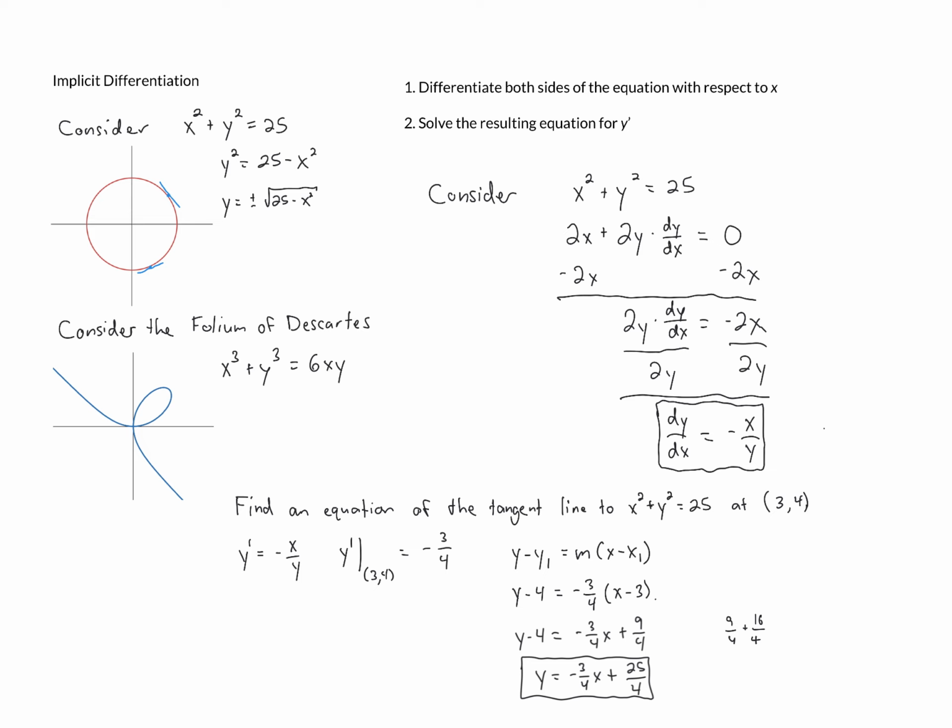Right? There's a lot of shapes that we might deal with that can't easily be expressed as functions. Specifically, I'm thinking circles, ellipses, hyperbolas, a lot of those conic sections, and then other interesting shapes like the folium of Descartes. And so being able to use implicit differentiation does open some doors for us for dealing with other shapes.